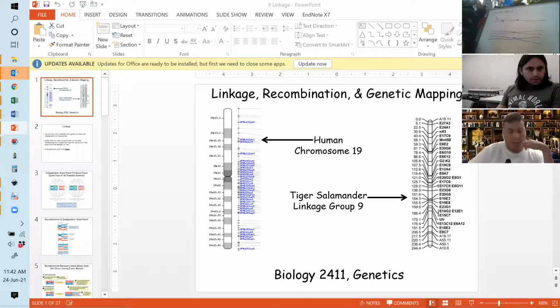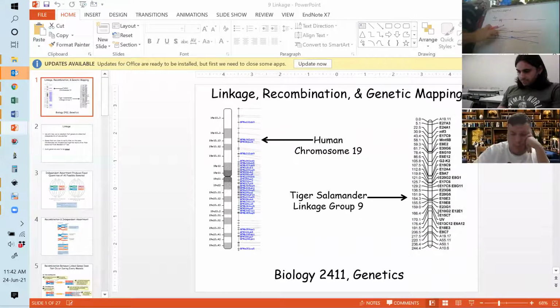Make sure we get it all straight. And you'll end up getting recombination between these two non-sister chromatids here. Right?